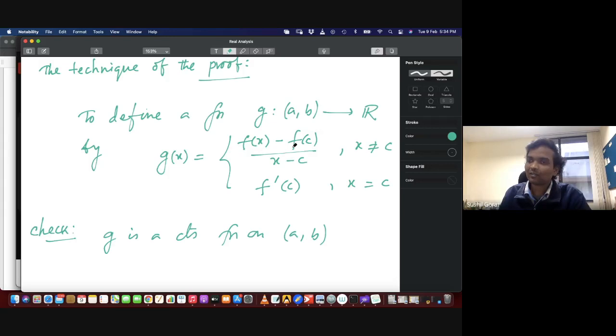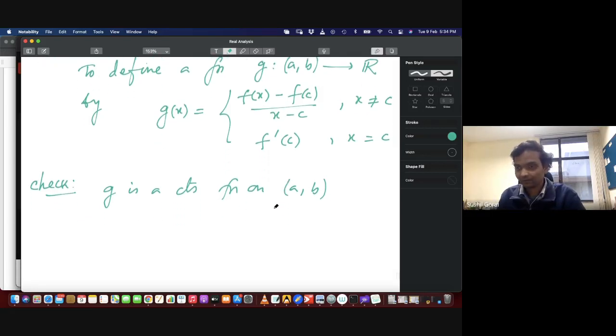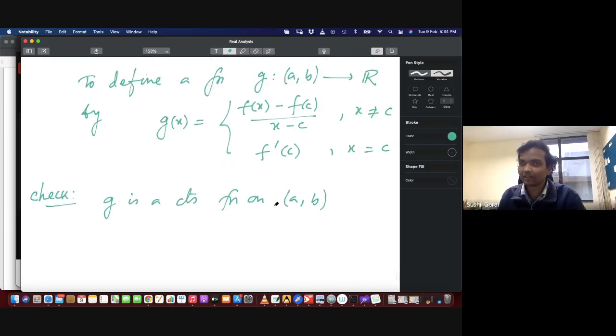As x tends to c, this limit goes to f prime c, because f is differentiable. Therefore, g becomes a continuous function. Otherwise, this is already continuous, and 1 over x minus c is continuous, so g is continuous on the whole of (a, b). Is it clear that g is continuous? So the main idea of the proof is this. Okay, let's go into the proof now.